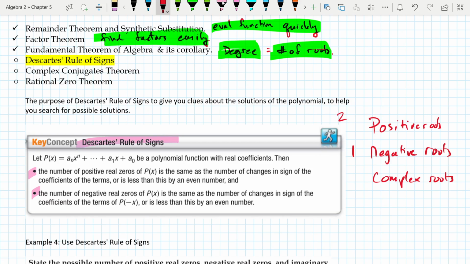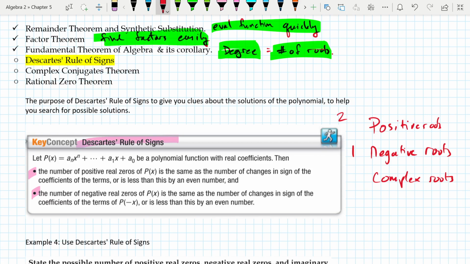Well, I know there's going to be one more, so I can keep checking my positives. That's the idea: it helps you plan your attack by knowing how many of the different kinds of roots you're going to have. That way you know when to stop looking or when to keep looking for different kinds of roots.